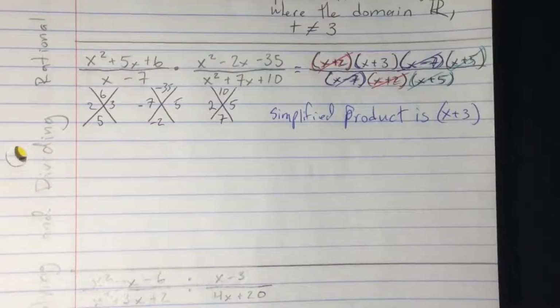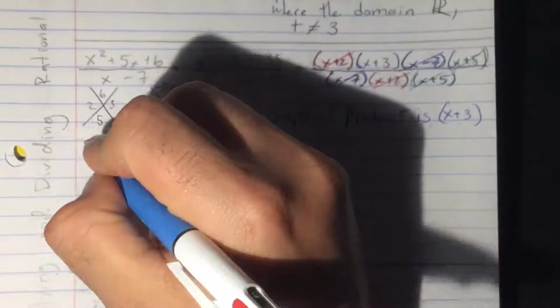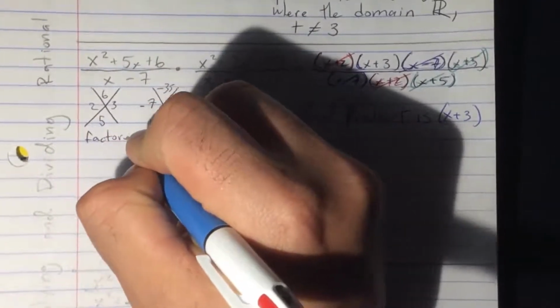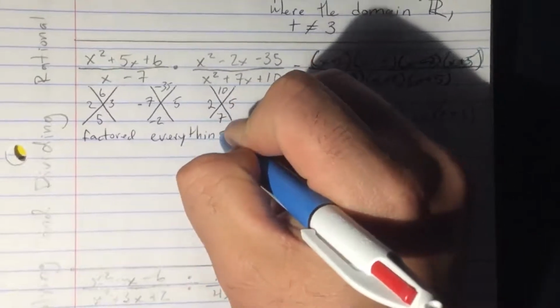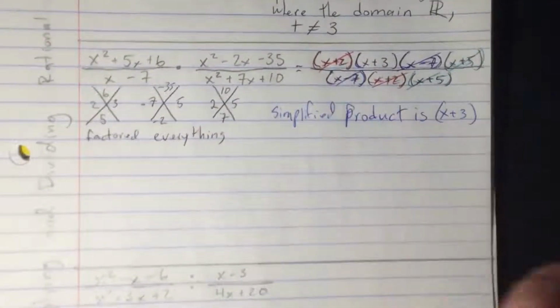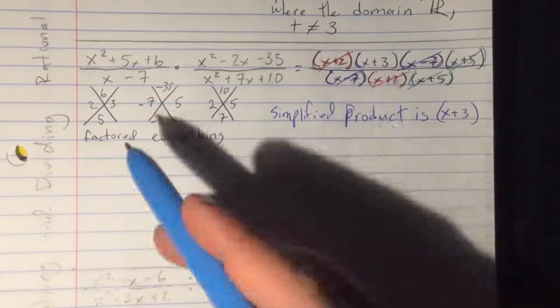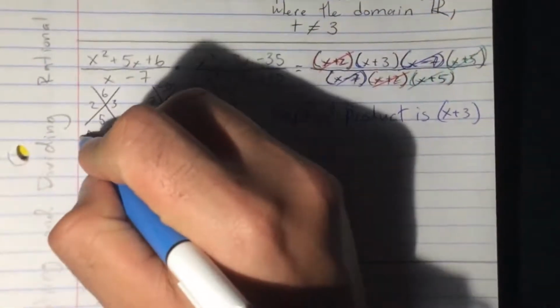So just to restate what we did: we factored everything, and then we multiplied and then simplified. Step 1, factor.